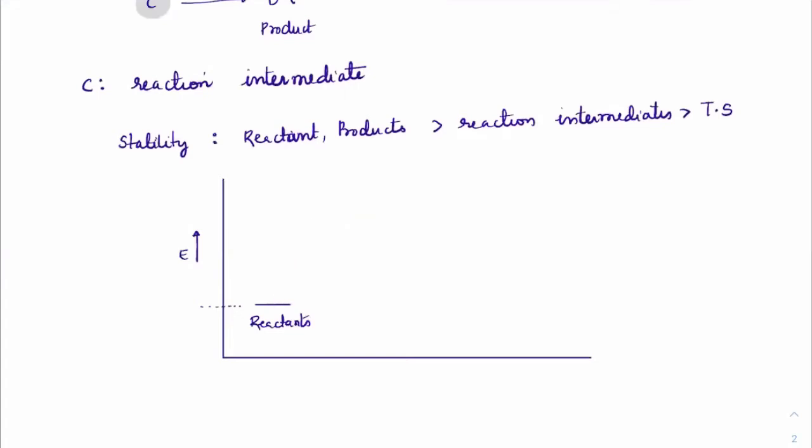From here, let's say it has come to this new state, which is the product. So this is the energy of the products. This dip which we are seeing is because there might be an intermediate forming. So this is an intermediate.